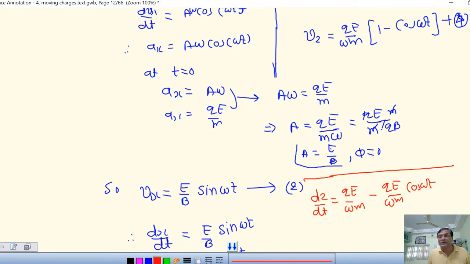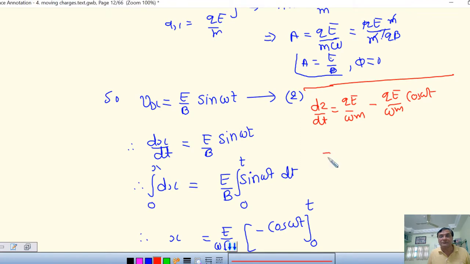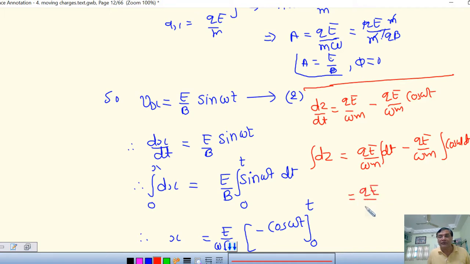So I can get the z component from this, writing dz. I integrate separately: qe upon m omega times t, minus qe upon m omega times the integral of cos omega t dt from 0 to t.